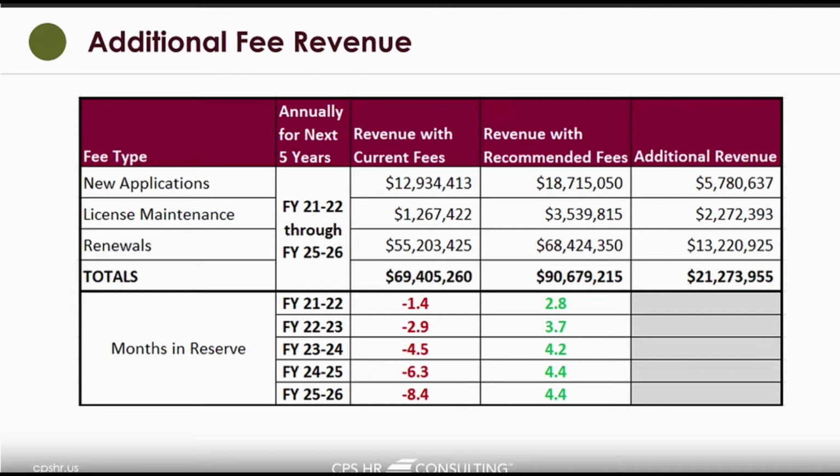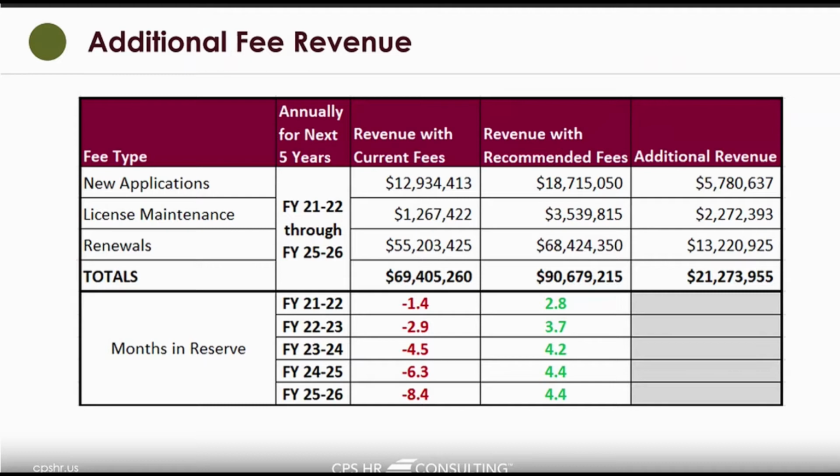And then the bottom section of this table looks at the bottom line impact of the months in reserves impact of that additional revenue. So looking at the bottom, we look at each fiscal year beginning in 21-22, and this assumes, as I'll talk about a little bit in the next slide, a fee increase as of July 2021. In FY 21-22, without a fee increase, you'd have a negative 1.4 months in reserve estimation, going all the way down to a negative 8.4 in 25-26.